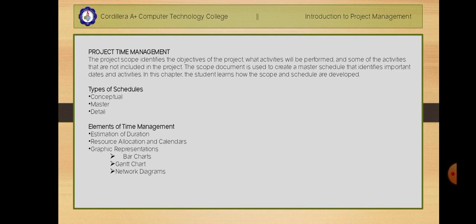So in today's topic, you will be able to learn how the scope and schedule are developed. Okay? Project planning and scheduling are both an art and a science, because no two project managers or planning professionals develop identical plans or project schedules.